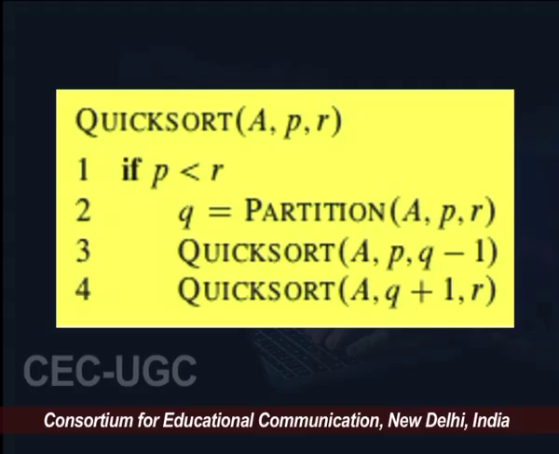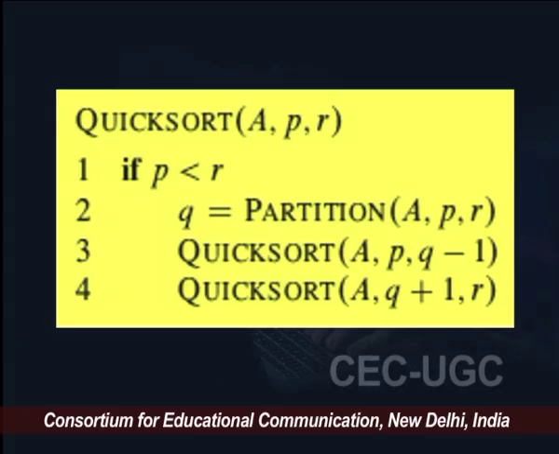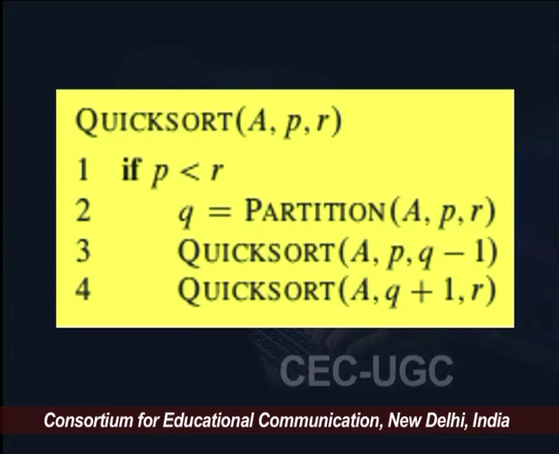Now you apply quick sort on the left part of the array, from p to q minus 1, and also on the right side, which starts from q plus 1 and ends at r. So this was a background of the quick sort algorithm.